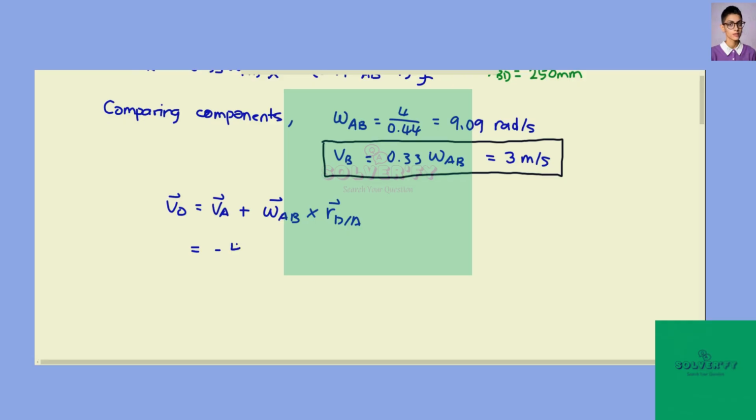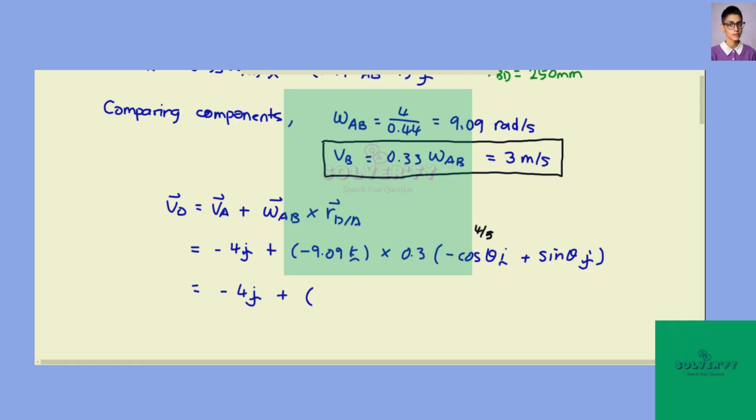So this is equal to minus 4j plus minus 9.09 k cross 0.3 times minus cosine theta i plus sine theta j. Okay, so we recall that cosine theta is 4/5, and sine theta is 3/5.